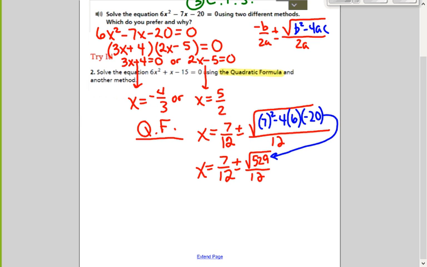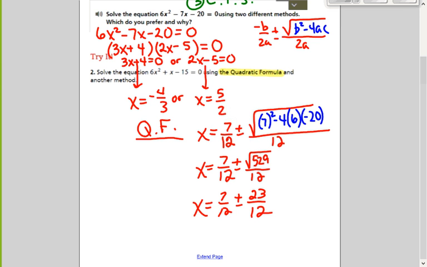And that is significant because it's positive. That's a good thing. So I can definitely get 2 good solutions here. Furthermore, 529 is actually a perfect square. And it'll work out when you take the square root of it. You're going to get 23. 23 is the square root of 529.